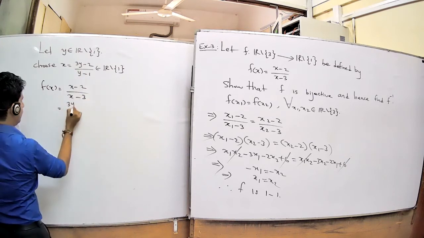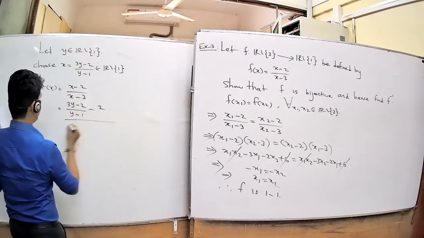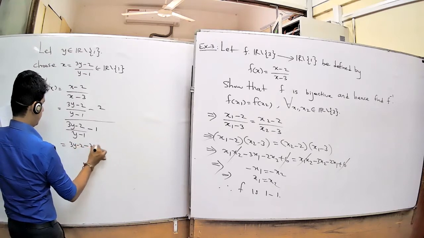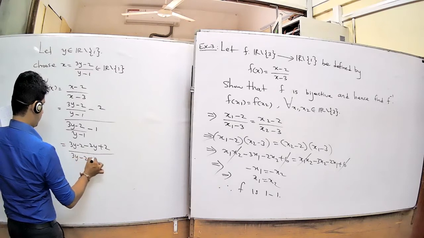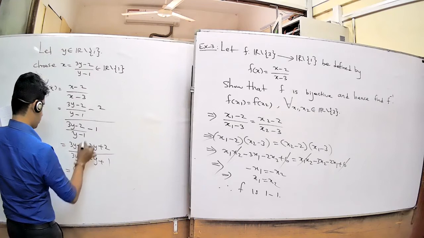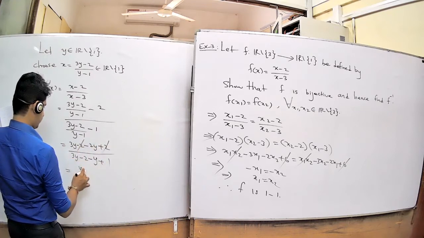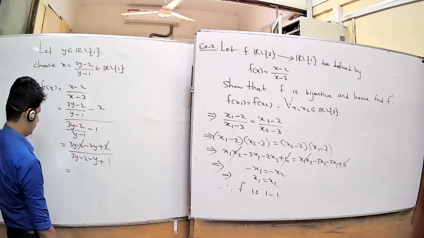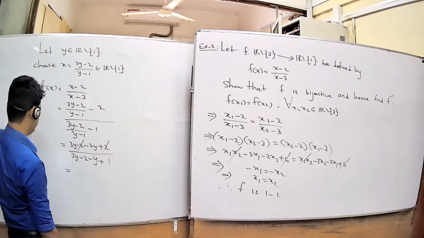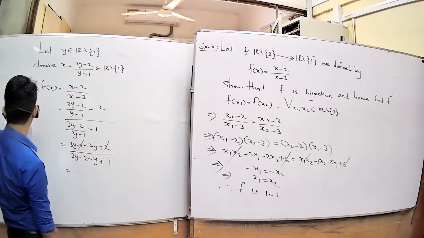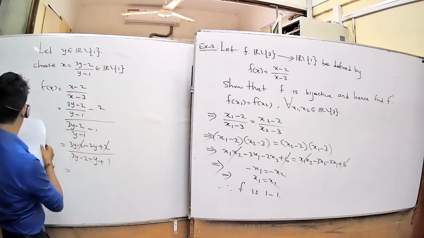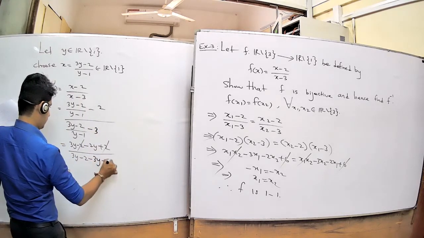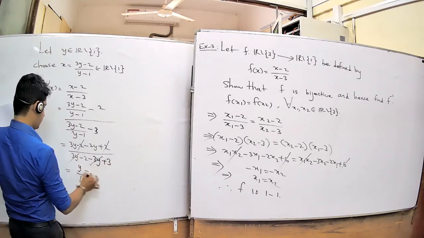Suppose x is this value, (3y minus 2) over (y minus 1). Then the numerator is (3y minus 2) over (y minus 1) minus 2, and the denominator is (3y minus 2) over (y minus 1) minus 3. That gives 3y minus 2 minus 2y plus 2 over 3y minus 2 minus 3y plus 3, which is y over 1, that is y.